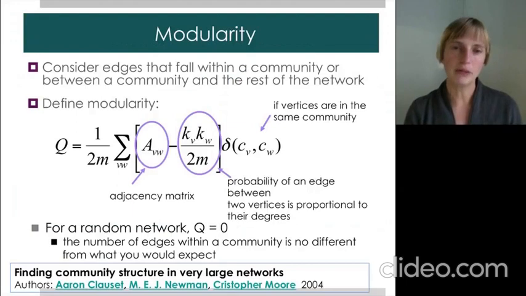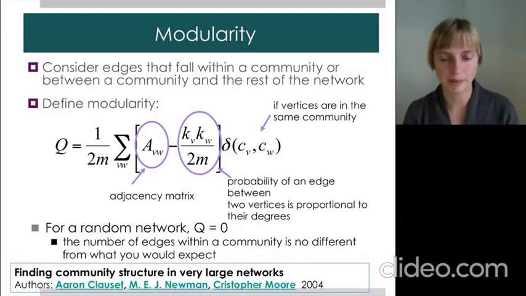The problem with hierarchical clustering and with this betweenness community finding algorithm is that there isn't a clear stopping criterion, right? It's great that you can stop at different resolutions, but how do you know which one is optimal, which one might be the true community structure of the network?